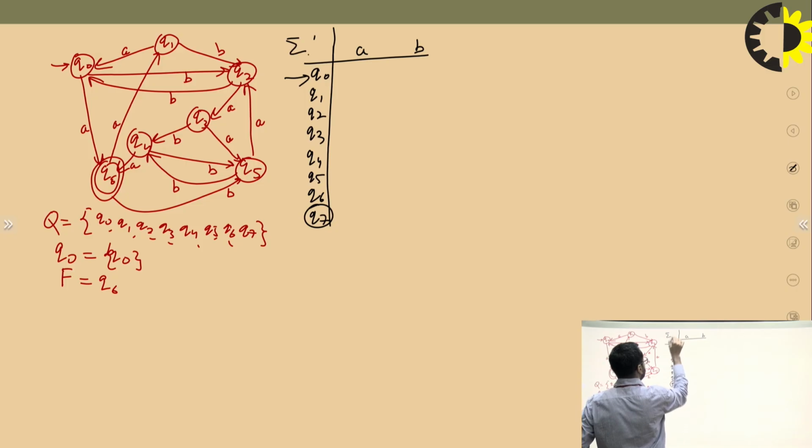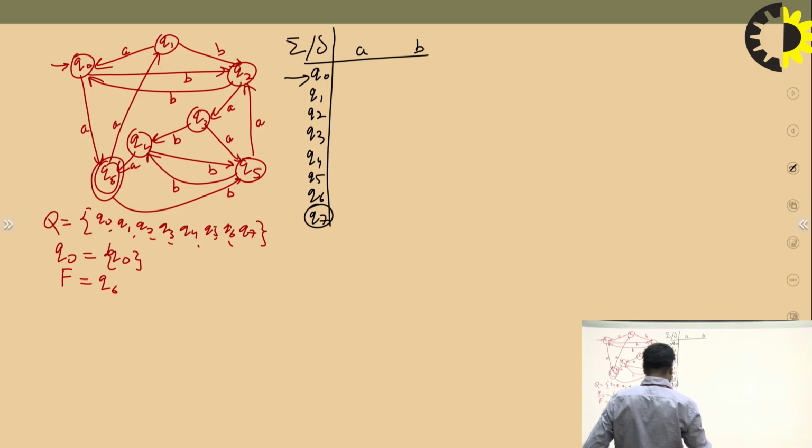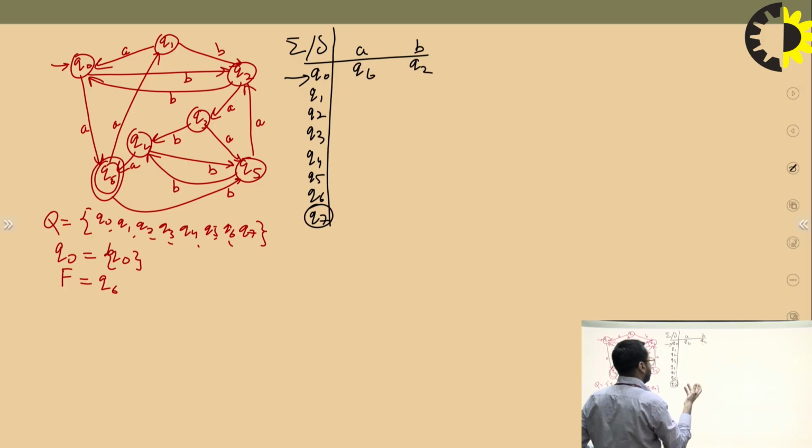We can write down the transition table directly from the model, as we know very well.